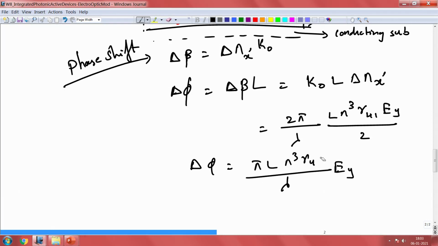You can see here the phase shift is directly proportional to the length that you have, okay. So if you want a larger phase shift, you can increase the length, and you can also increase your field. For a longer device, you need lesser voltage to get the same amount of phase shift.